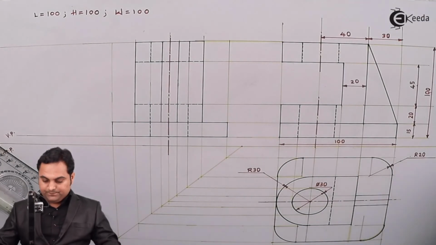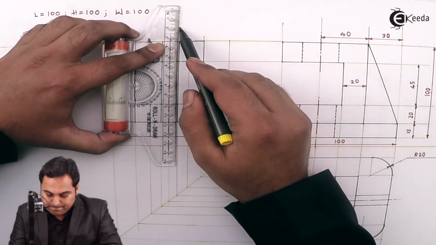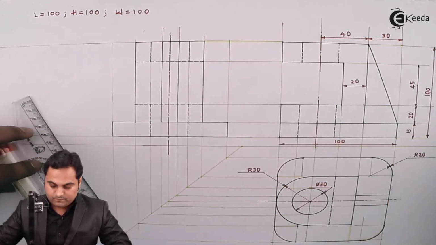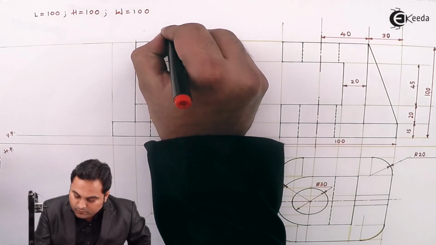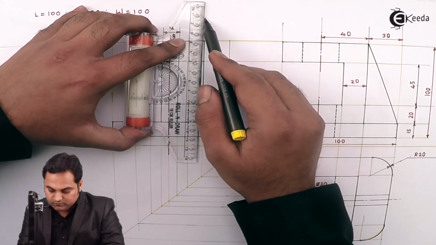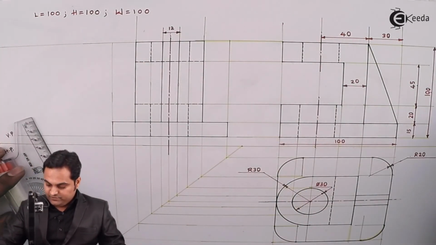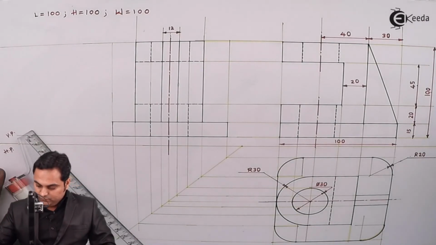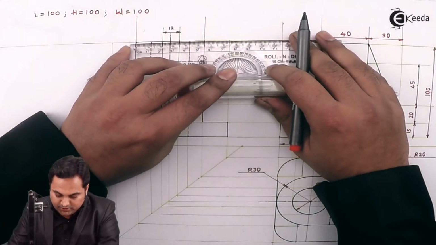For that, here we have the web. Web is of 12 mm width. Then we have this portion, this rectangle, which was of 40 mm width, or here, actually this was 60.